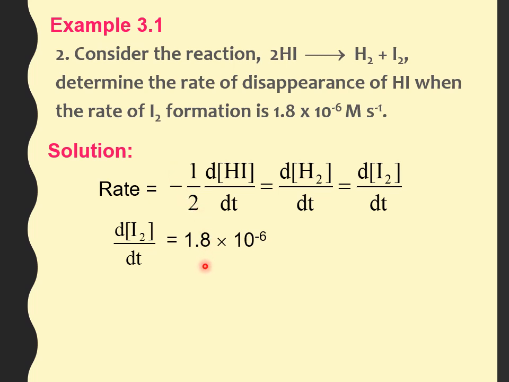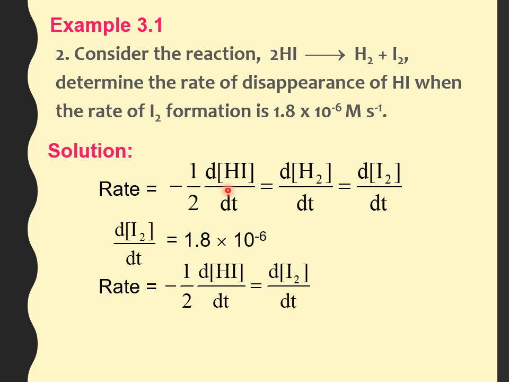1.8 times 10 to the power of negative 6. So this equals d[I2]/dt. Now, here, this equals negative half of d[HI]/dt, which would be 1.8 times 10 to the power of negative 6.